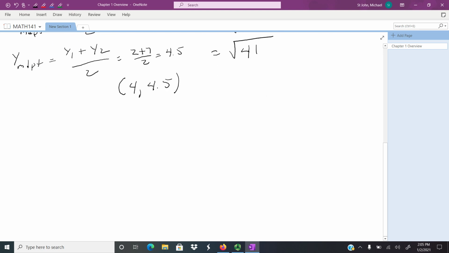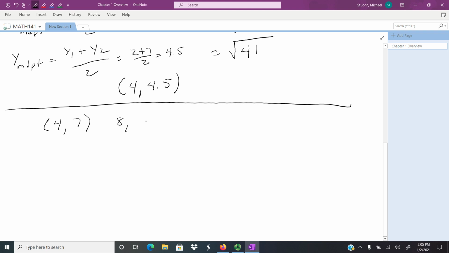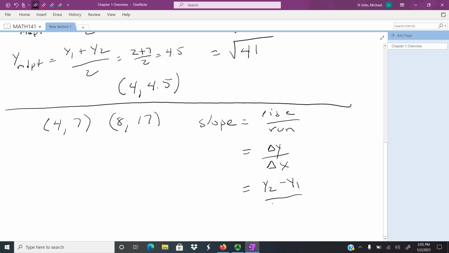Well, other things you can do given we have a couple of points. Let's say we now have these points 4, 7 and 8, 17. Right? We can find the slope, and slope is rise over run, or the change in y over the change in x, or in terms of an equation, y2 minus y1 over x2 minus x1.